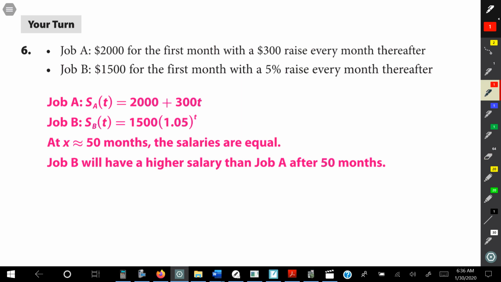So around about 50 months is when job B will be equal to job A, and then after 50 months, job B will be higher than job A. So even though the initial amount that you start off with is lower in job B, it is the better job after about 50 months, which is a few years there, 3, give or take.